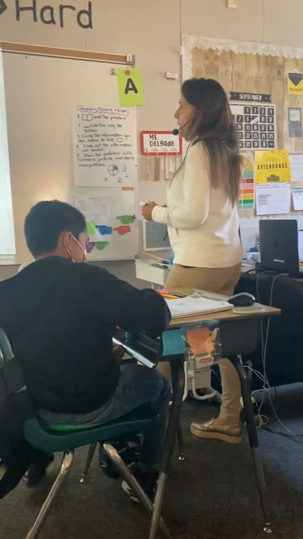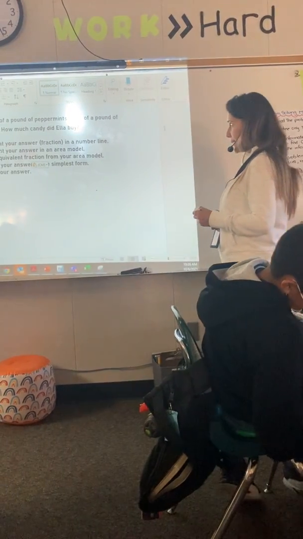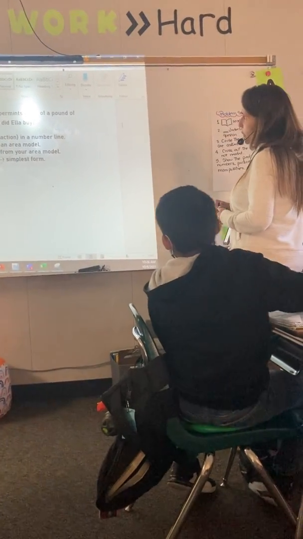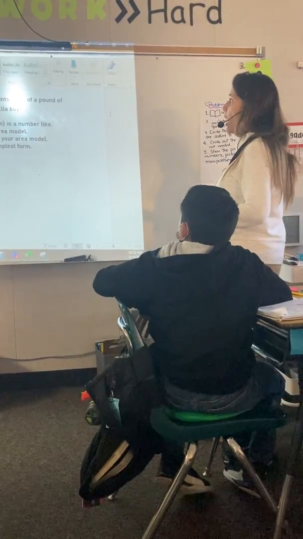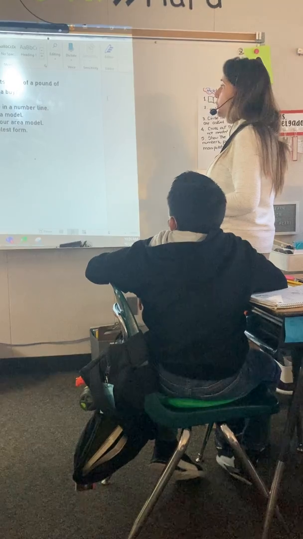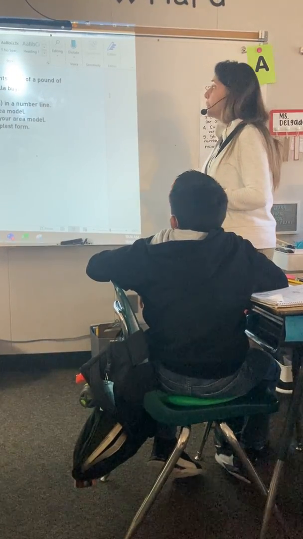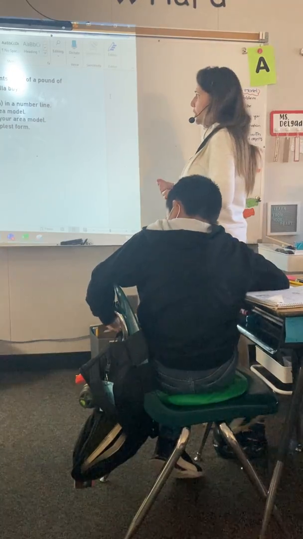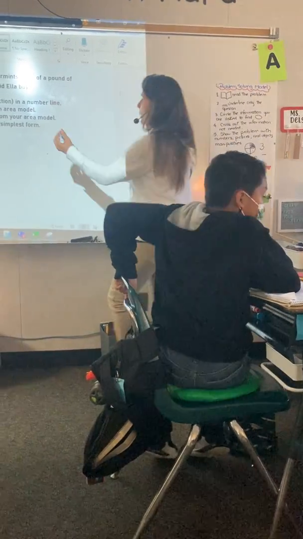Ella bought 2/6 of a pound of peppermints and 2/6 of a pound of gummy bears. How much candy did Ella buy? The first thing I'm going to ask you to do is to represent your answer as a fraction on a number line. Represent your answer in an area model.